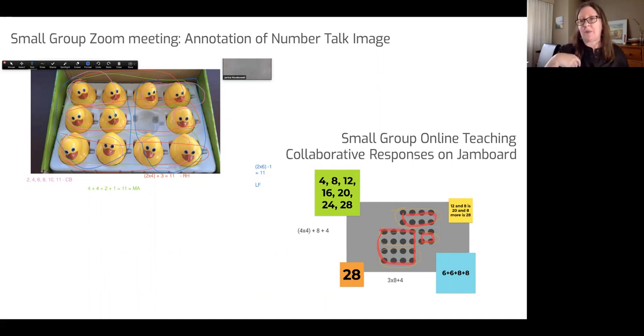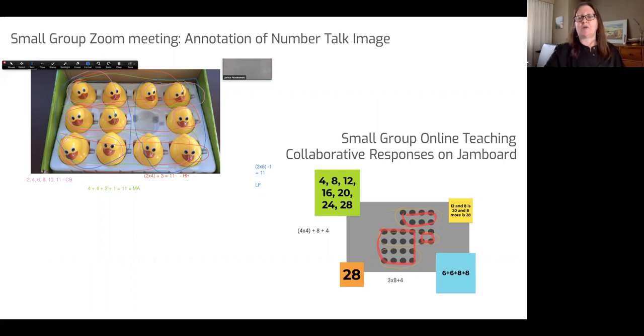They unmuted their microphones and shared how they saw the strategy. Then, like Mark was doing earlier, I used the annotation tool and circled the different groups and recorded their equation. I modeled that mathematical notation for them: I've added these parentheses, you're talking about groups, so that's multiplying, and I added that symbol. Grade 2s and 3s are just learning about that.